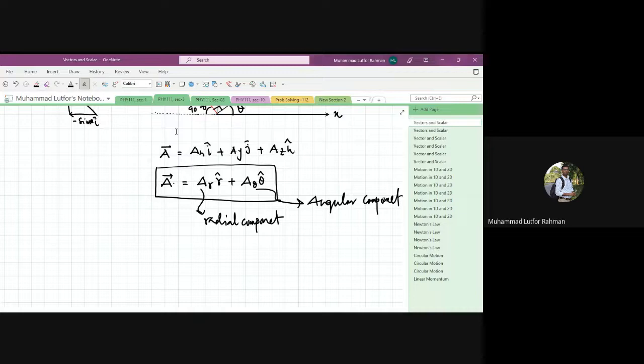So that's why this vector is going to be different. If you transfer a vector from the Cartesian coordinate system to the polar coordinate system or any other coordinate system, the vector is going to be totally changed. Its orientation would be in a different direction. But what would be the same? The length, the magnitude, would be the same because it's a scalar quantity. It remains the same in every coordinate system.